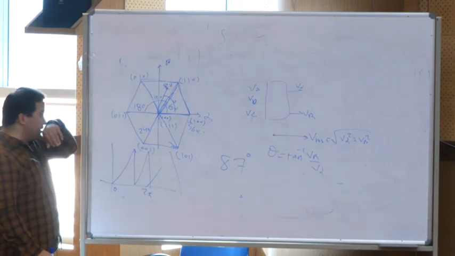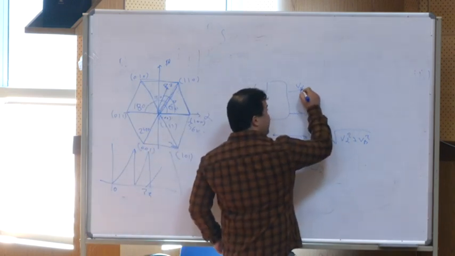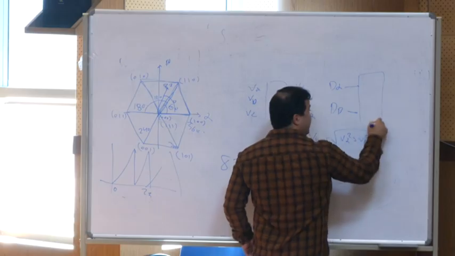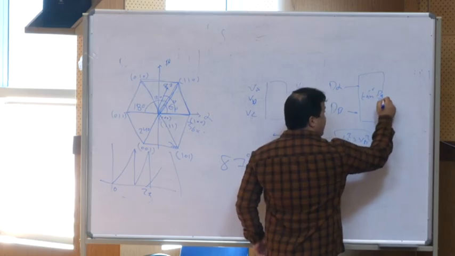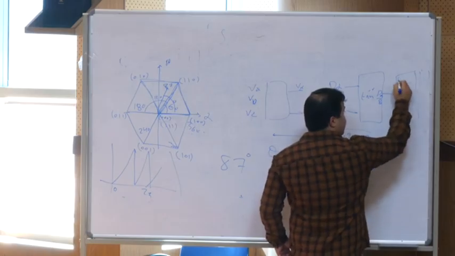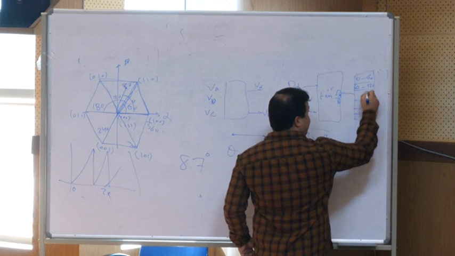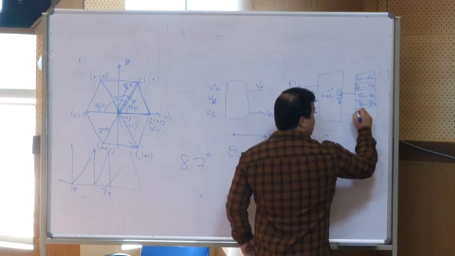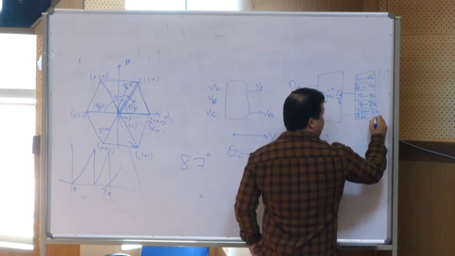So for this reason, when we jump to the space vector, the duty cycles d alpha and d beta first go to the tangent inverse of d beta over d alpha, then provide the sector: between 0 to 60, 60 to 120, 120 to 180, 180 to 240, 240 to 300, 300 to 360.